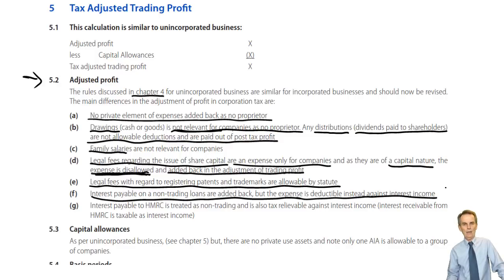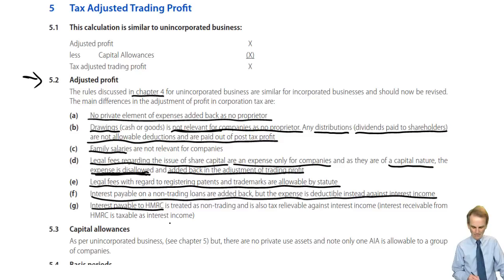So it is important, in relation to interest payable, to determine what type of loan it is. Is it trading or non-trading? To know exactly where the tax relief will be achieved on the face of the corporate tax computation. There could also be either interest payable to HMRC or possibly even receivable from HMRC in relation to either underpaid or overpaid tax.